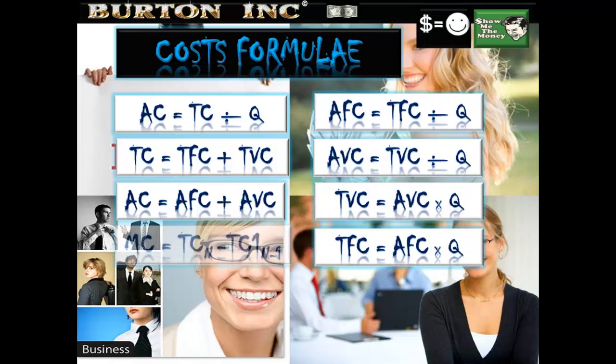Average fixed cost, we'll have a look at our total fixed costs and divide that by the quantity. Our total cost of production is made up of both the fixed costs and variable costs we've just looked at. So total cost we can measure as total fixed costs plus total variable costs. Our average cost, we can calculate as average fixed cost plus average variable cost.